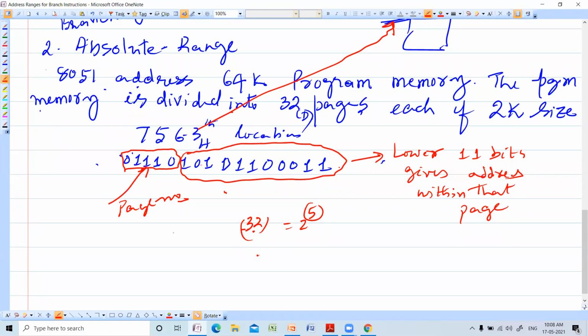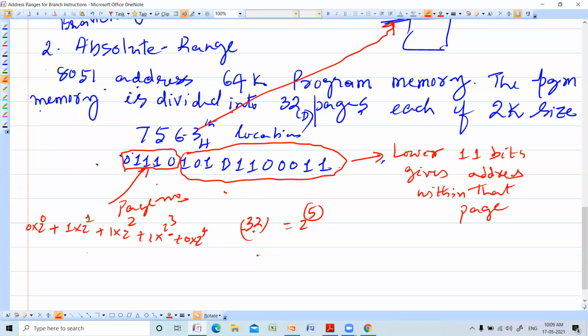Okay. Now in this case, what is the page number? You can just see what is the page number. 0 into 2 power 0, 1 into 2 power 1 plus 1 into 2 power 2 plus 1 into 2 power 3 plus 0 into 2 power 4.